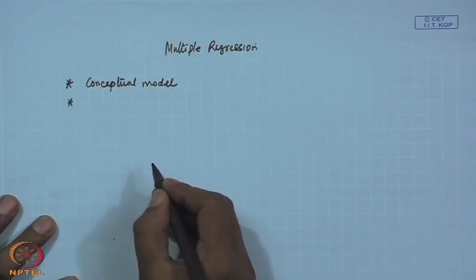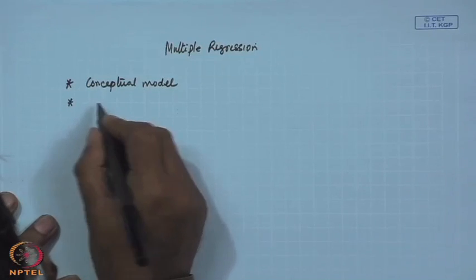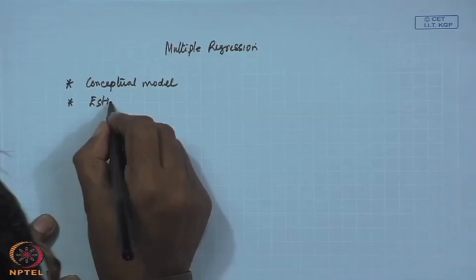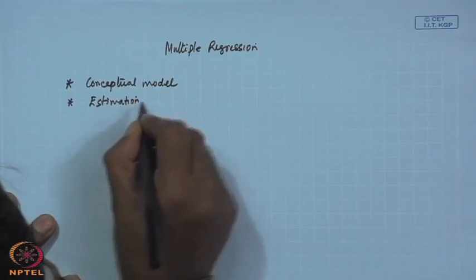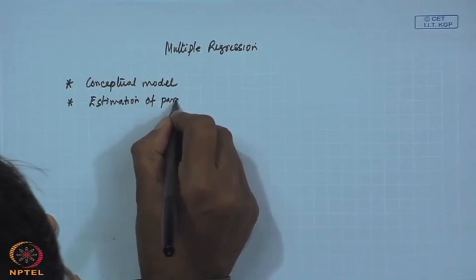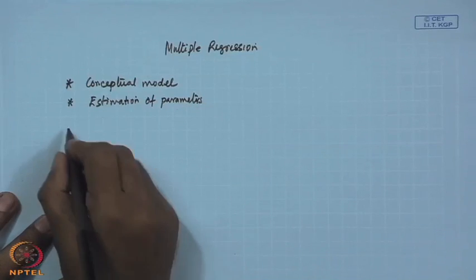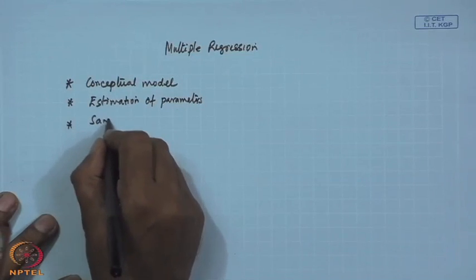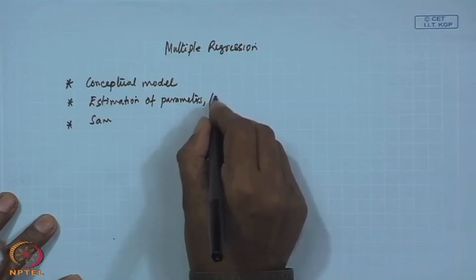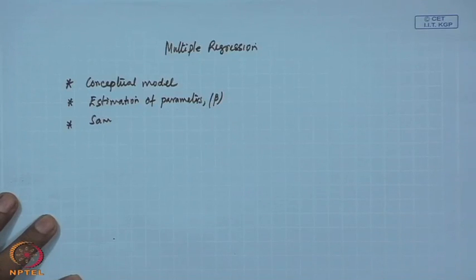Then we will describe the estimation of parameters. Then we will go for sampling estimation of parameters in terms of beta vector.